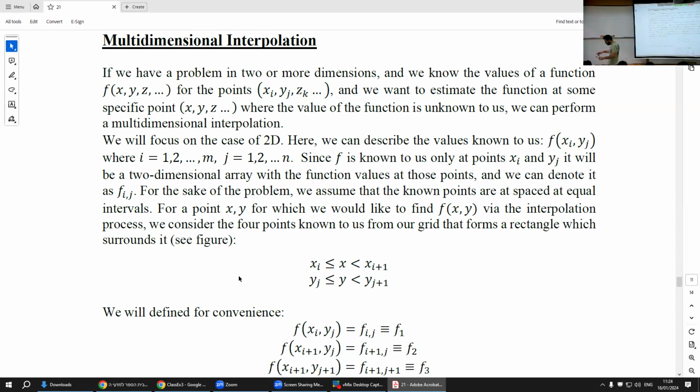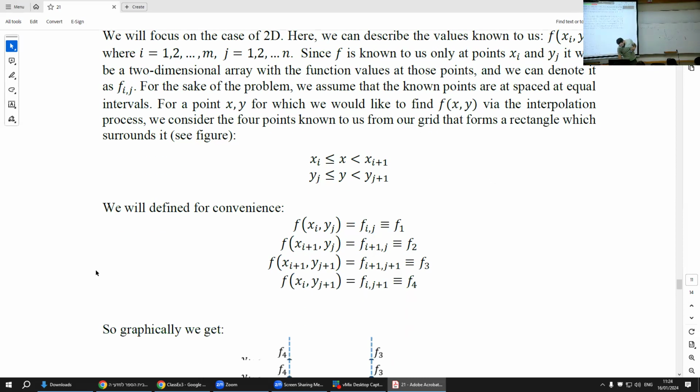The answer is we do the interpolation along one axis many times, fixing the other variable, and then we interpolate these results along the second axis. Okay, so what do we mean? We will now make the simplest example.